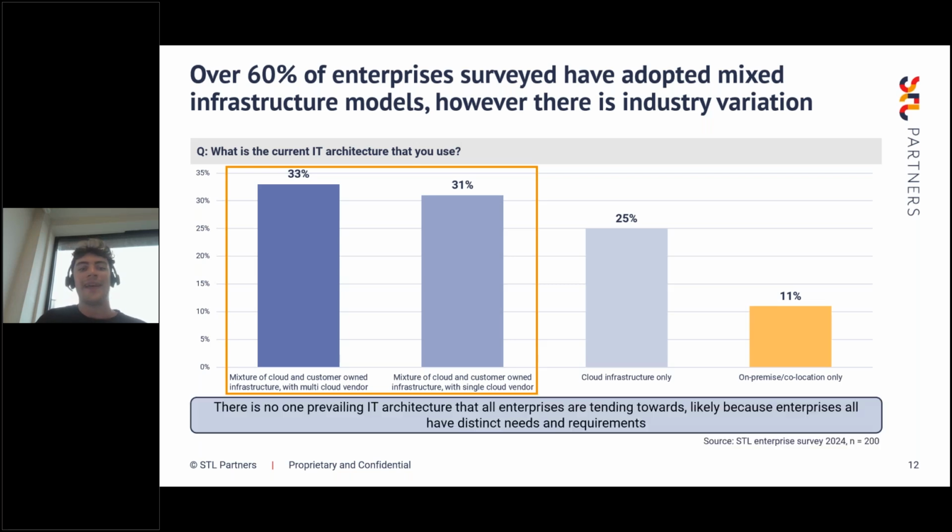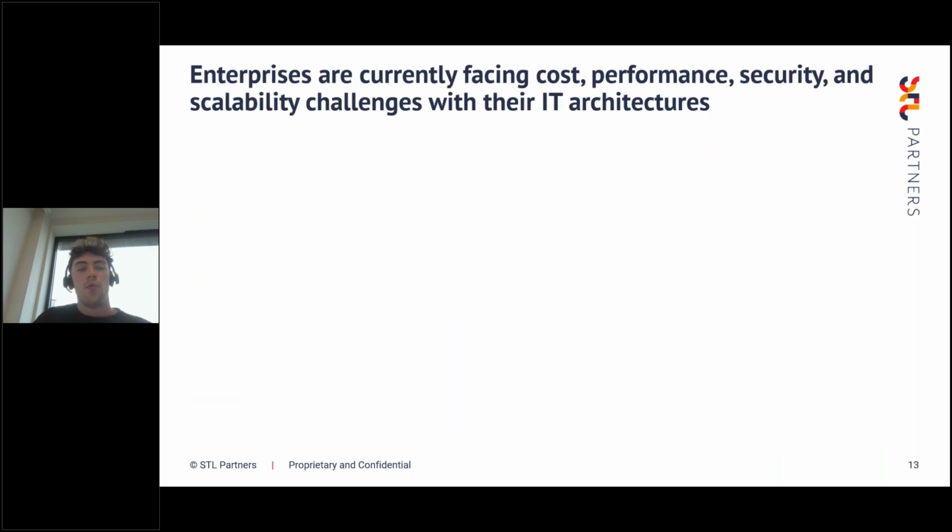But what's interesting is that we can clearly see there's no one prevailing IT architecture that enterprises are tending toward. Responses are still relatively fragmented, and this fragmentation is likely because enterprises all have their own distinct needs and distinct requirements.